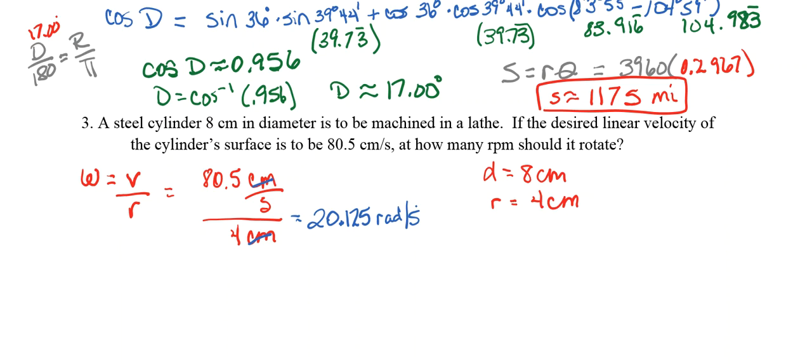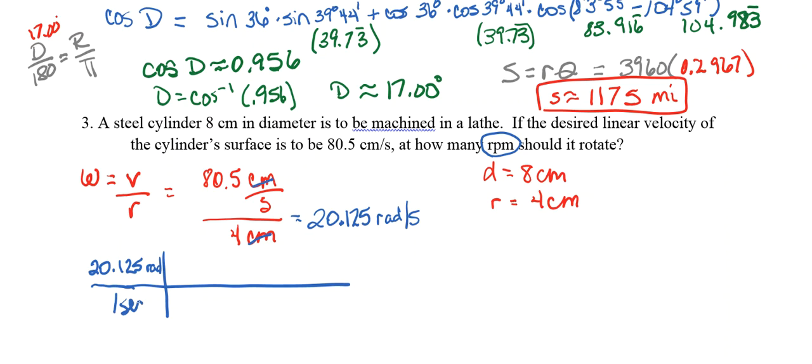So I'm in my angular velocity, which is what I want, but they want it in revolutions per minute, which is not where I'm at. So I'm going to do some dimensional analysis. I'll make my table here and put in what I know. I have 20.125 radians over 1 second.